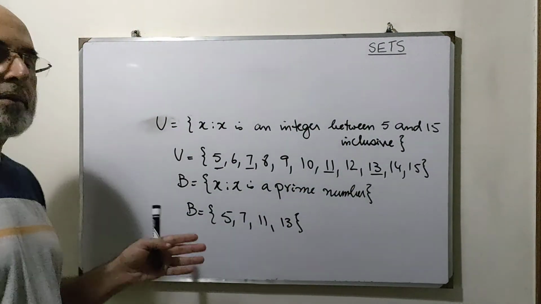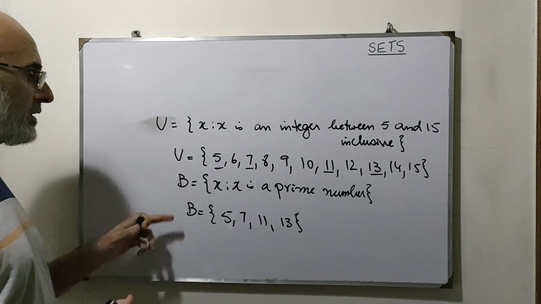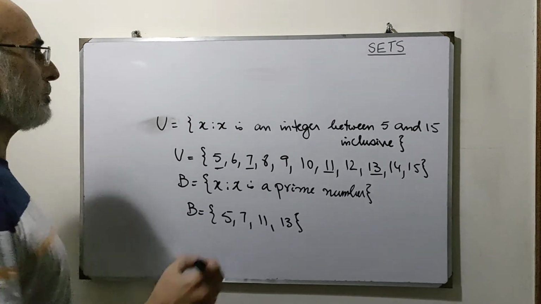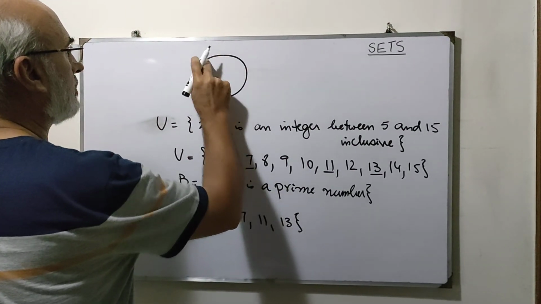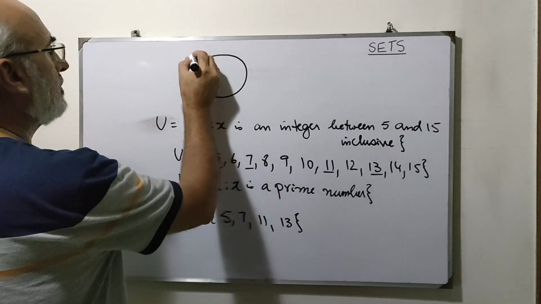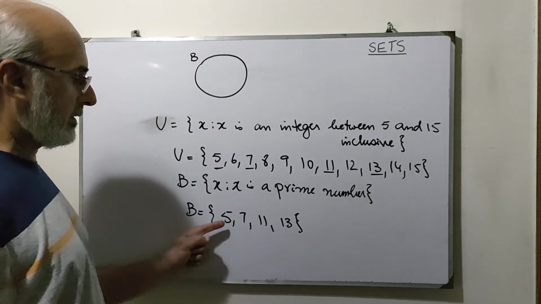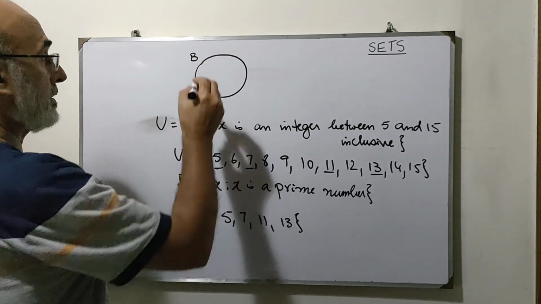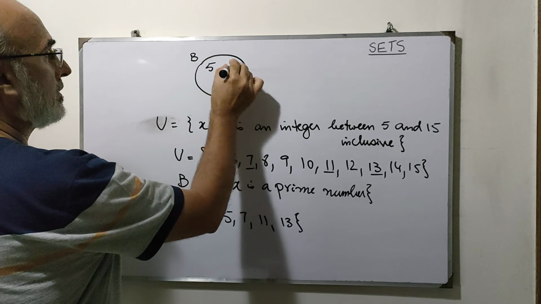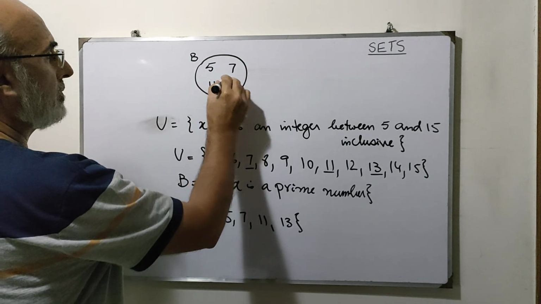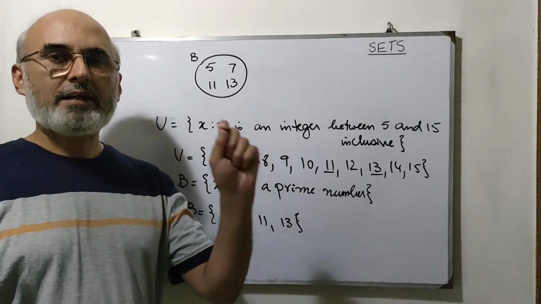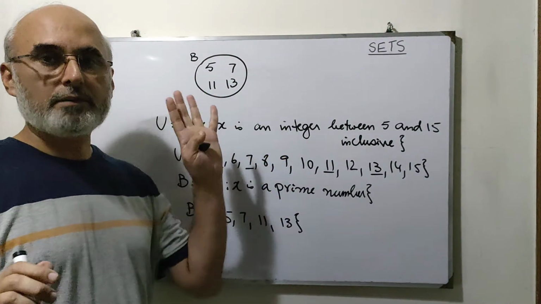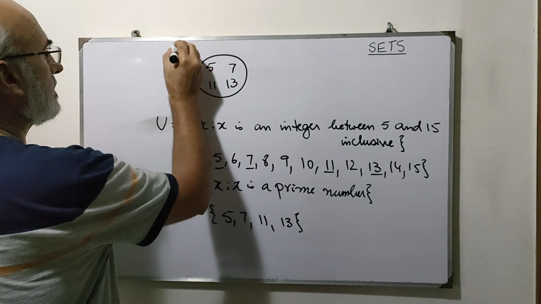Now, what I'm going to do is, first I'm going to represent these numbers. This is B, and the prime numbers 5, 7, 11, 13. And remember, when you are drawing a Venn diagram, don't put commas in it, and it has to be very neat.